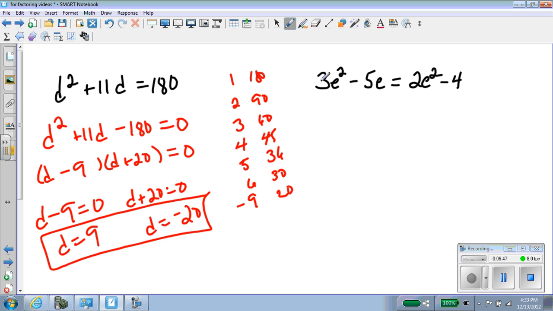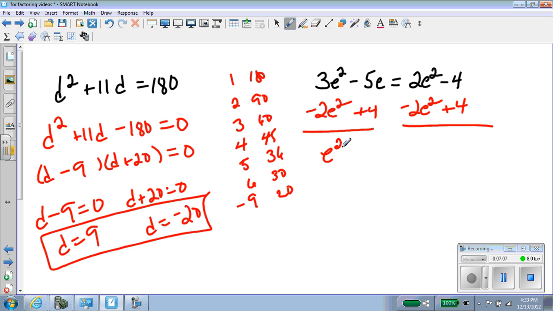Oh my gosh. 3e squared minus 5e equals 2e squared minus 4e. Woo. I'm going to subtract 2e squared from both sides, and I'm going to add 4 to both sides. So this is 1e squared, or e squared, minus 5e plus 4 equals 0, right? Because I line these up, but they're not really like terms.